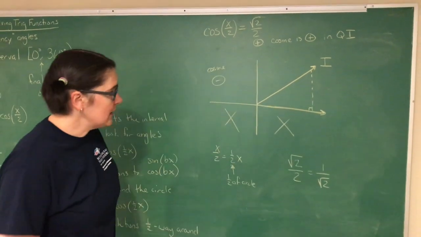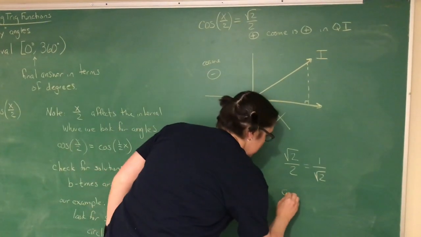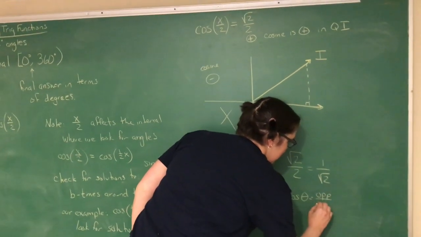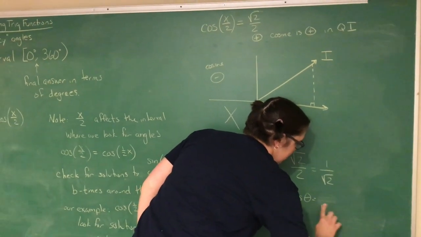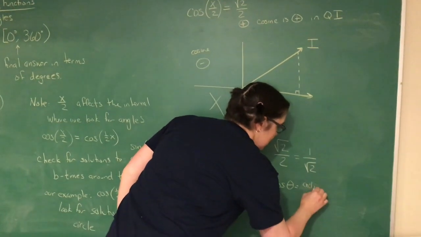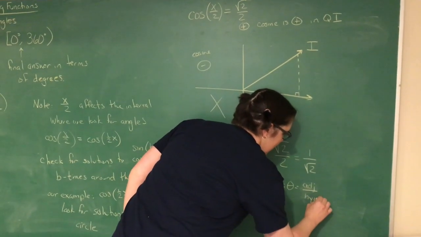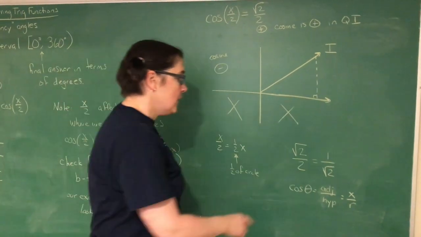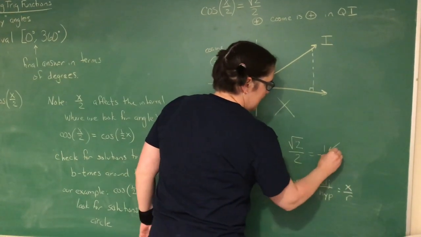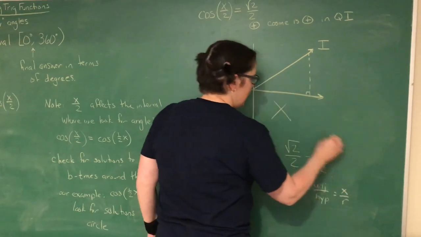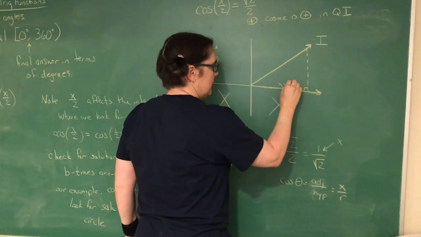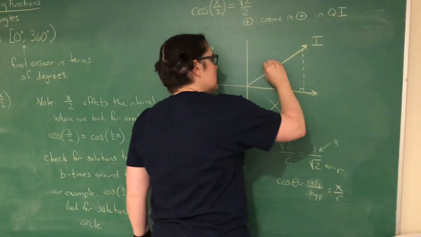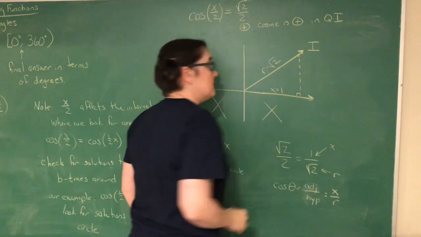And when we're talking about the cosine function, cosine of an angle is adjacent over hypotenuse, or x over r. And so what that tells me is that this top value is our x, so our x is equal to 1, and our bottom value is our r, so our r is square root of 2.